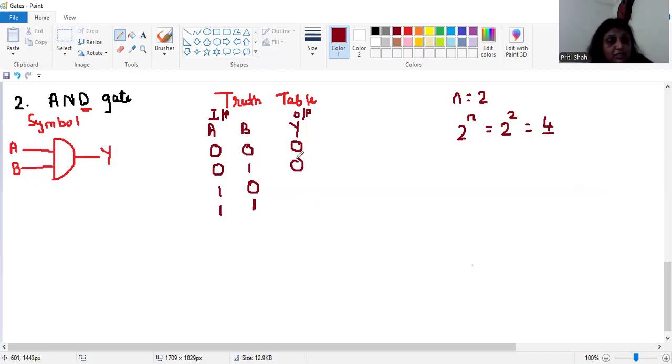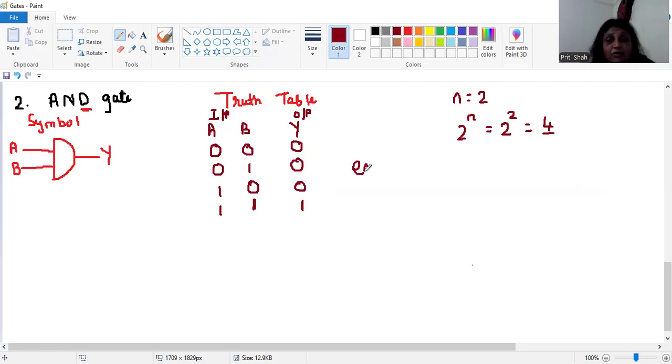So again, this will be a 0. Again, B is absent. So this is a 0. But A and B both are present, then the answer is 1. So both have to be present for the answer to be generated. Now, this is the truth table, which has given us all the possible combinations of input and the corresponding output, which is the function of a truth table.